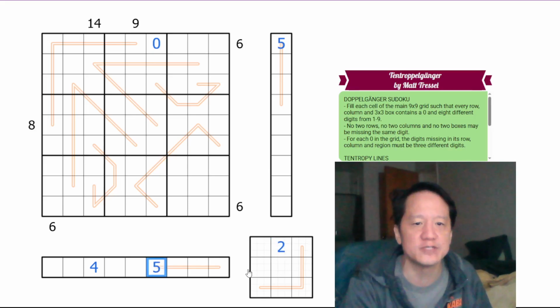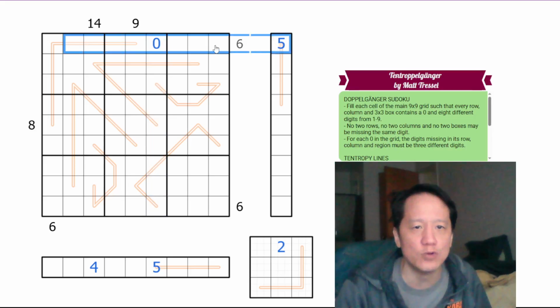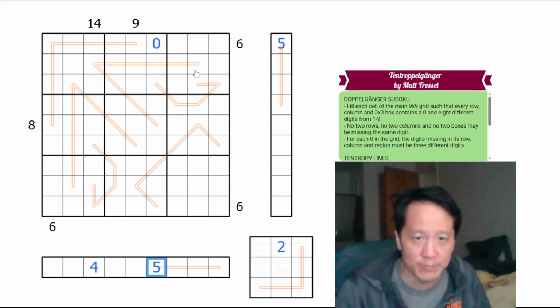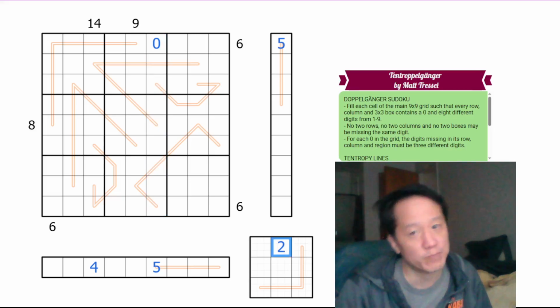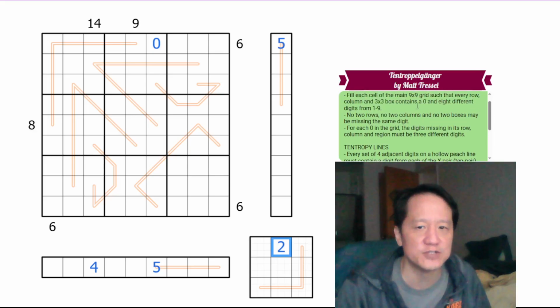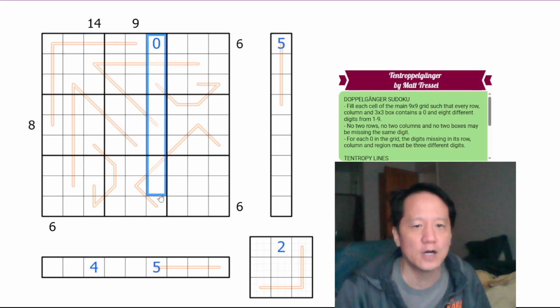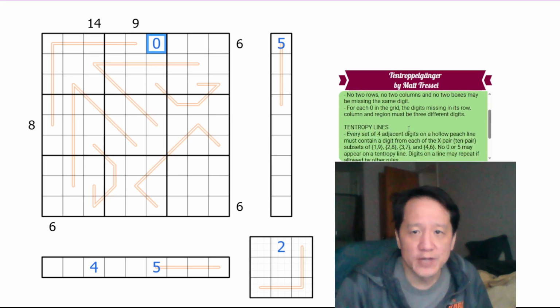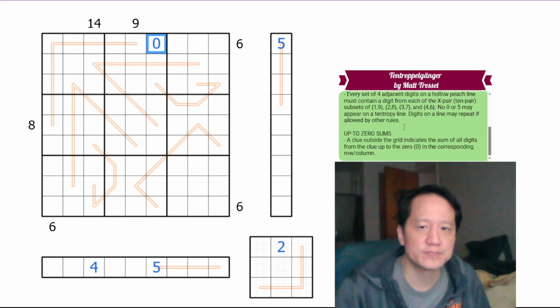So you can't have, say, missing a 5 in column 6 and missing a 5 in row 1, because the 0 would then be missing the same digit in a row and a column. You can't have that, right? They have to be different digits that it's missing, respectively in their row, column, and box for each 0. So that's an example of how Doppelganger Sudoku works.